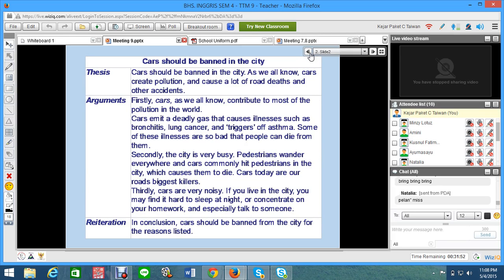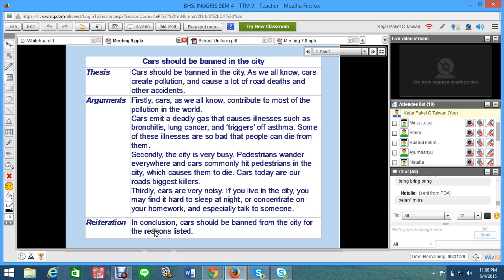Okay, before we continue to another topic, I want to know whether you have understood analytical exposition, the generic structure, which consists of thesis, arguments, and reiteration. Reiteration ini sama dengan conclusion, ya.